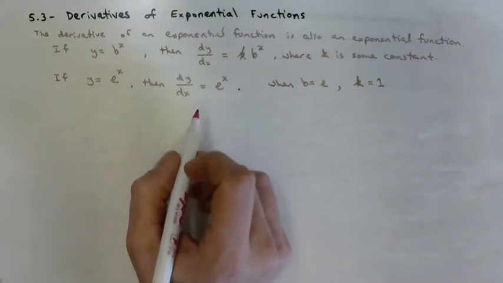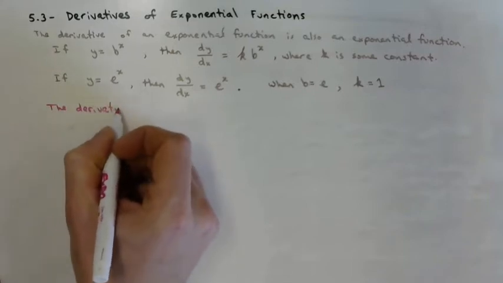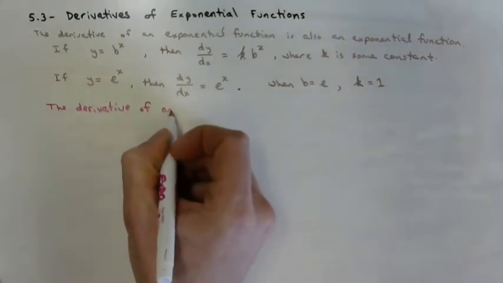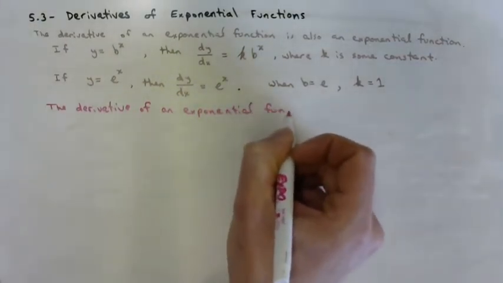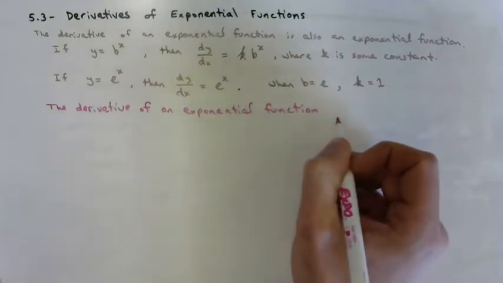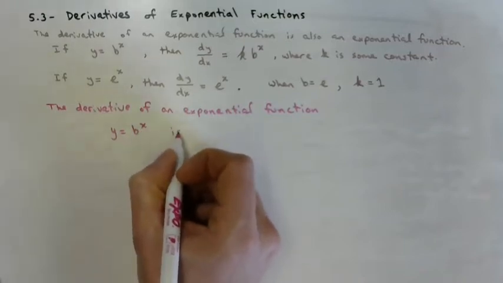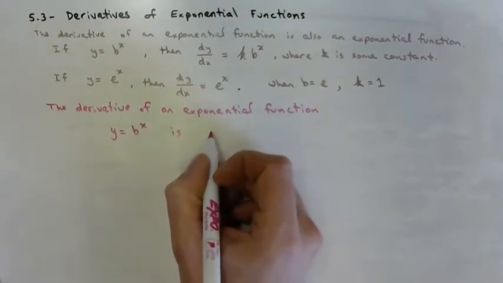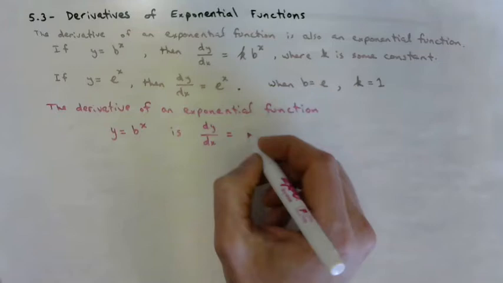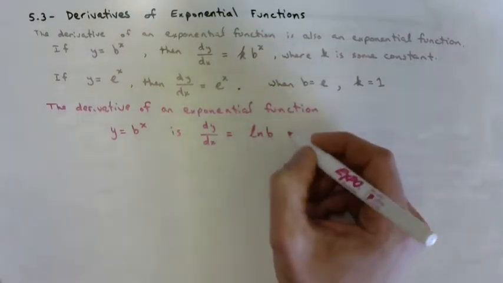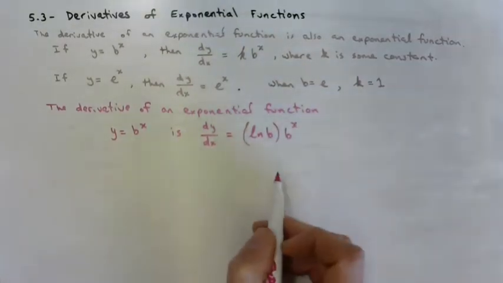We're just going to use the property called the derivative of an exponential function. The derivative of an exponential function y equals b to the power of x is dy by dx equals the natural log of b times b to the power of x.